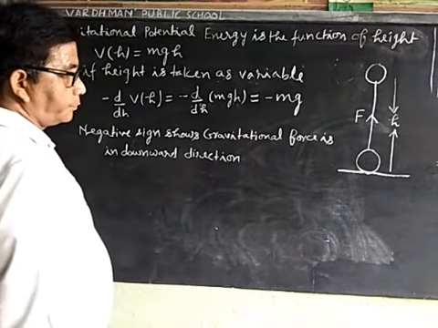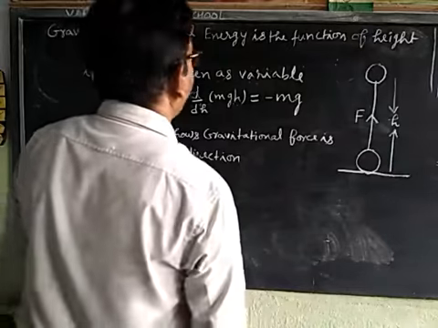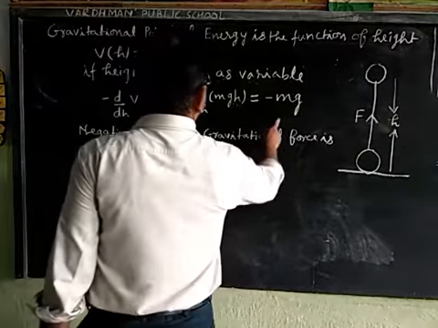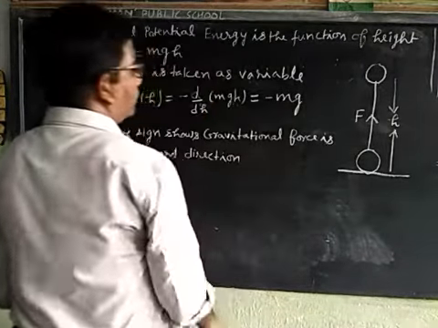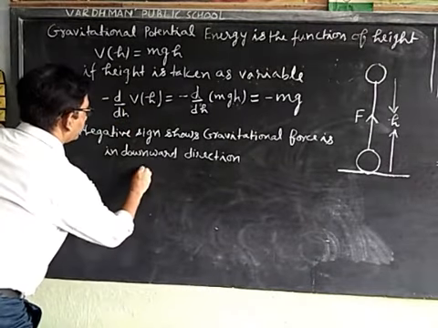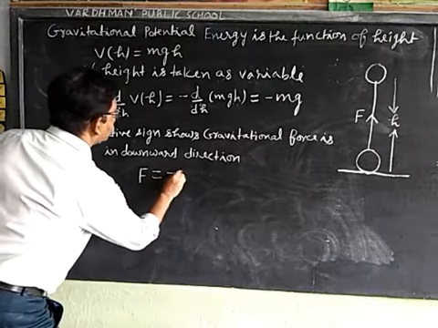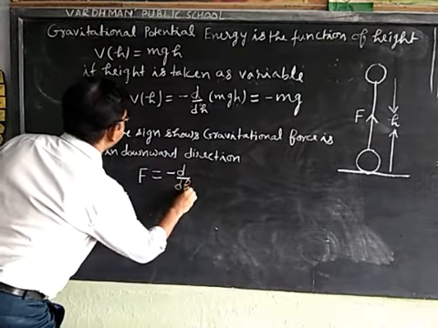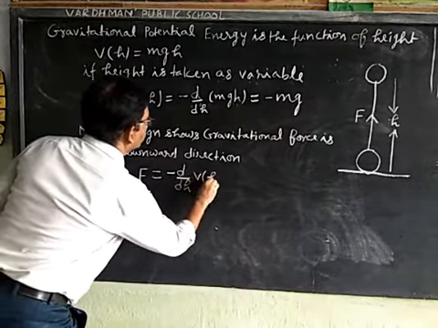Thus, we can write F is equal to minus d upon dh of Vh.